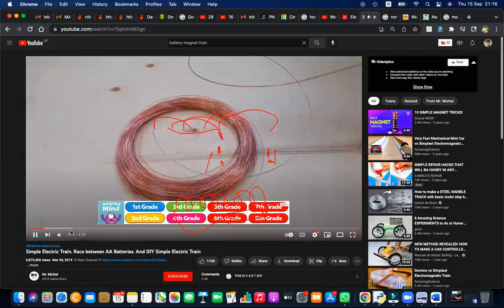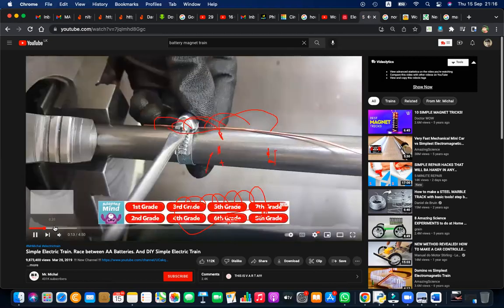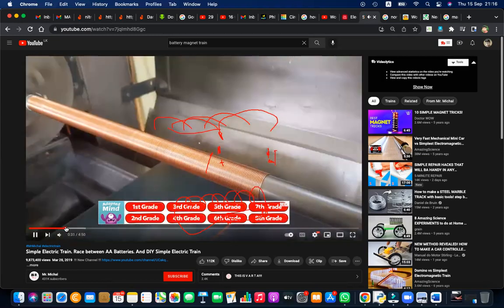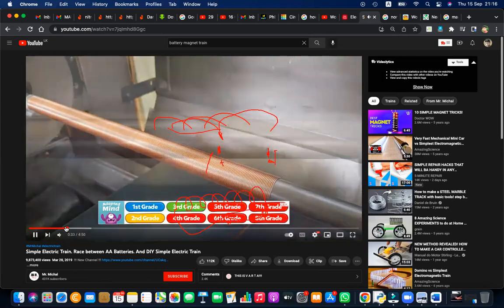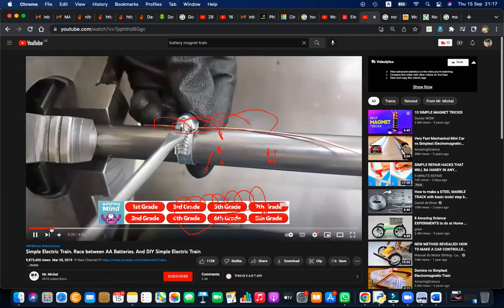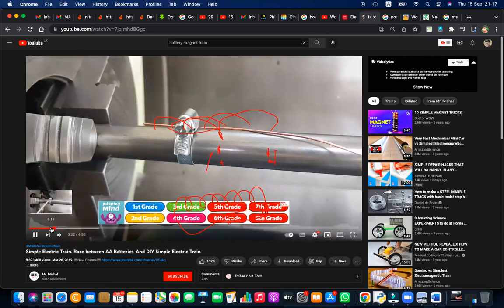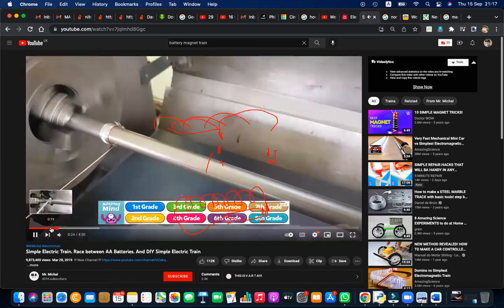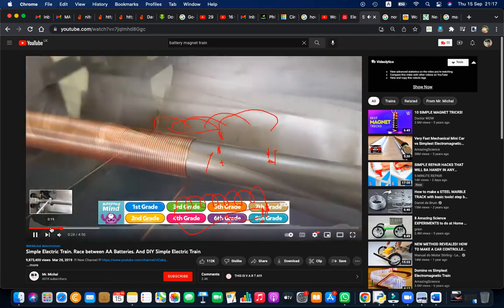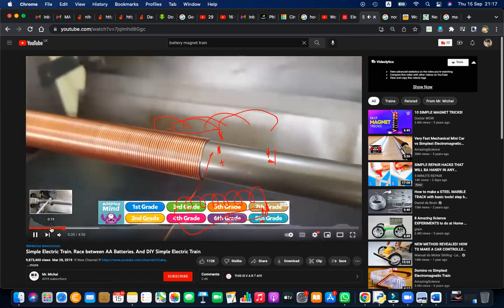He's taking a cable, I think, and then what is he doing? You can see he is using a drill to rotate, and this is how he's creating the coil.